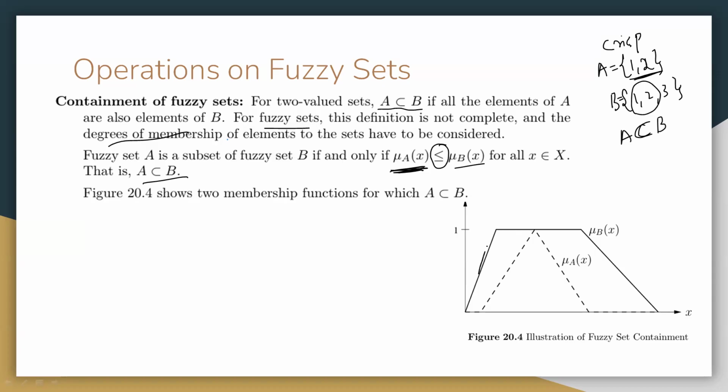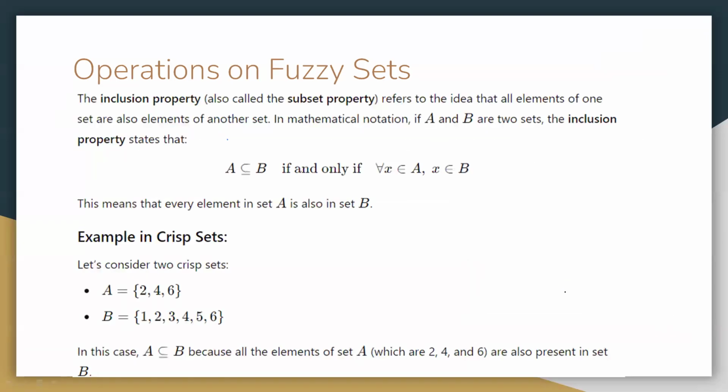Suppose you have the membership values of set B looking like this, then the membership values of A should be contained within this. You can see it is entirely inside the membership values of set B. So it should always be less than or equal to. I can show you an example of this.